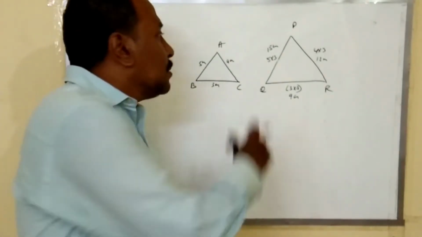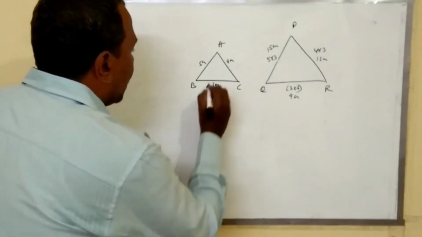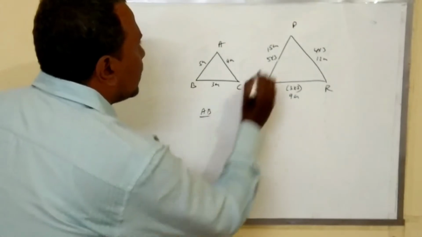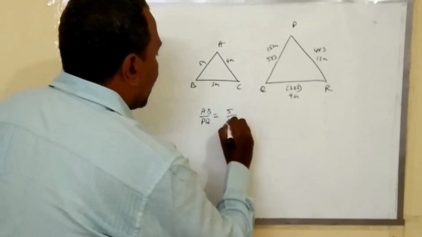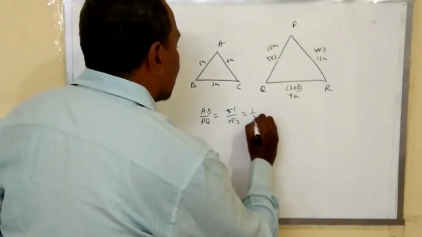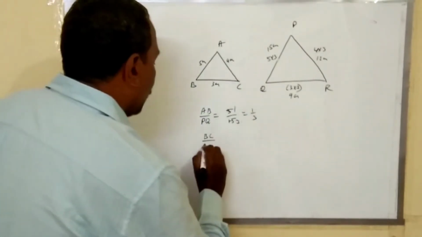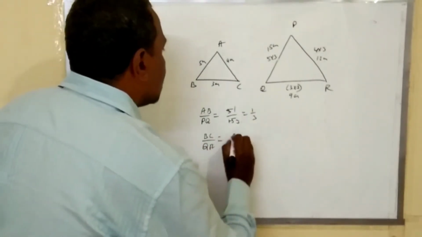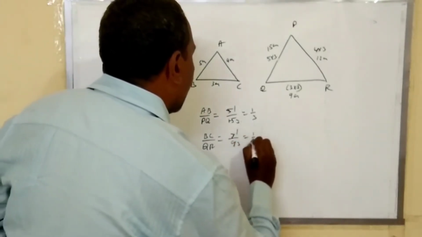So you will get a similar triangle. Finally you see AB by PQ is equal to 5 by 15. 5 ones are 5, 5 threes are 15, which is equal to 1 by 3. Now BC by QR is equal to 3 by 9. 3 ones are 3, 3 threes are 9, that is equal to 1 by 3.